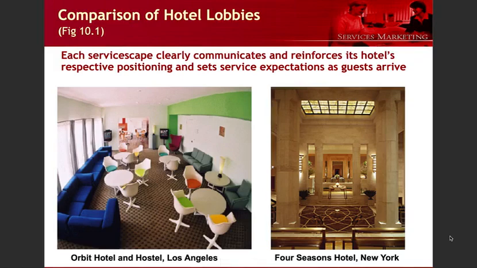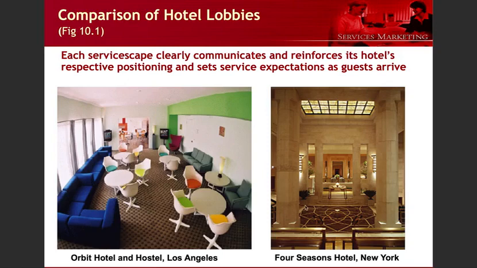Please take a look here at how we compare hotel lobbies. So why hotel lobbies? Hotel lobbies are very important when people want to stay in a hotel. The entrance point is the lobby. The lobby at the left is a very simple lobby, colorful, and very narrow, with a table, sofa, and also the carpet. It just shows you the function of this lobby. It is a place to wait.